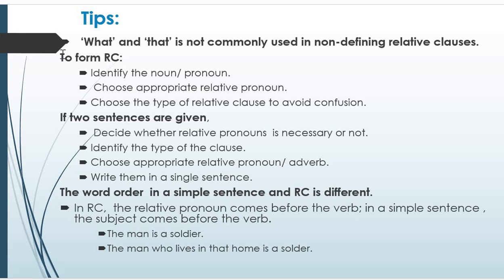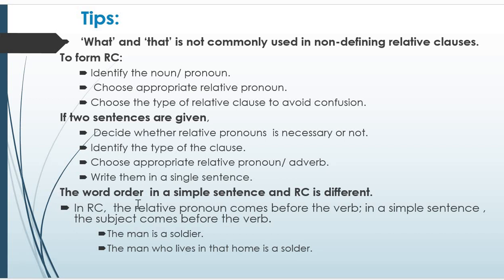To form a relative clause, or if you want to write using a relative clause, we have to consider things like: identify the noun or pronoun, choose the appropriate relative pronoun, choose the type of relative clause to avoid confusion. Okay? Sometimes, if two sentences are given to you to write a relative clause, either contact, defining or non-defining, you have to consider: decide whether the relative pronoun is necessary or not, identify the type of clause, choose the appropriate relative pronoun or adverb, and write them in a single sentence.